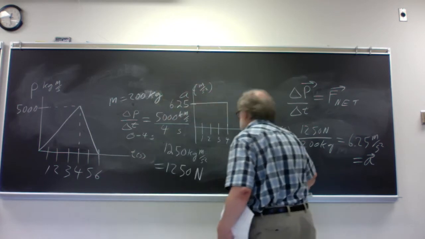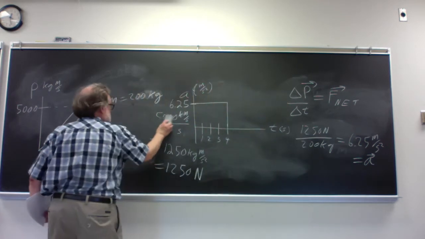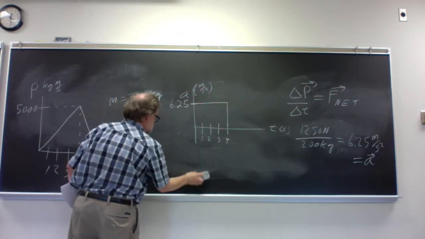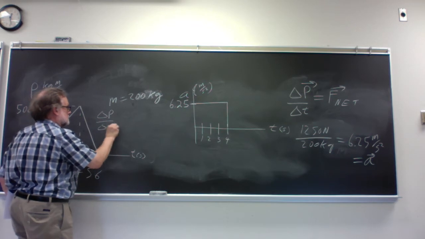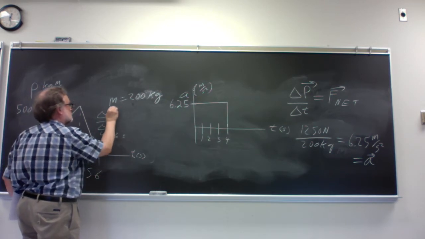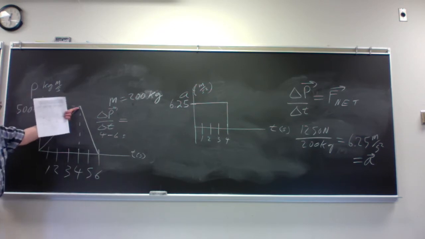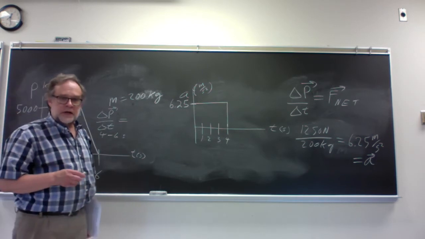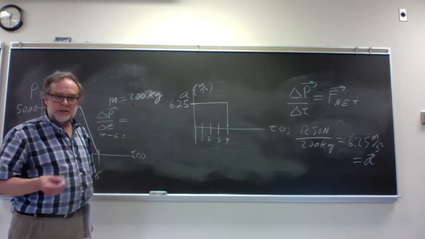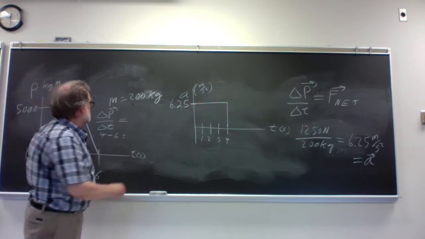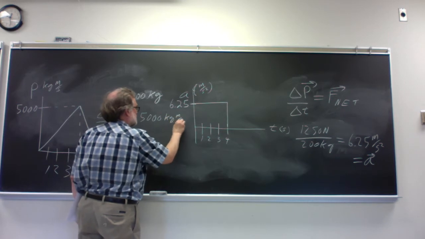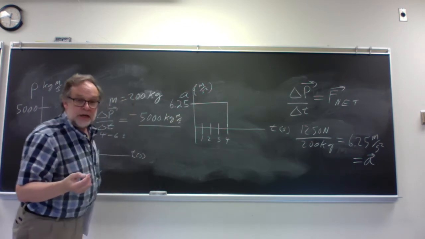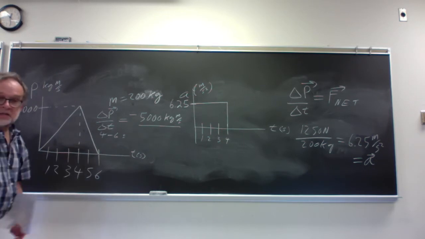And let's see what those numbers look like. From 4 to 6 seconds, the change in momentum is losing 5,000 kilogram meters per second, a decrease, a subtraction of 5,000 kilogram meters per second. And the amount of time it takes to make that change is 2 seconds.